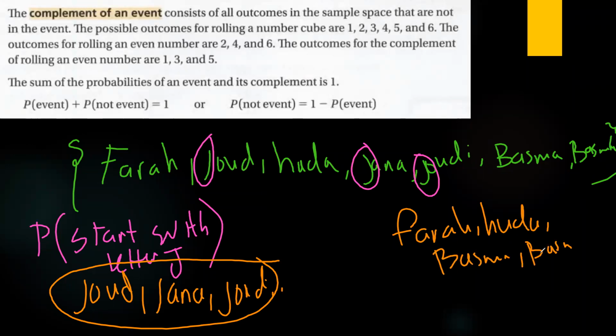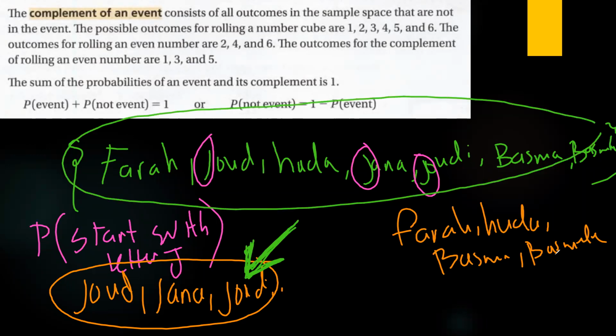So my event now is choosing these 3 girls because their names start with letter J. Farah, Huda, Basma, and Basmala are girls in my sample space, in my class, but they are not in my chosen group.